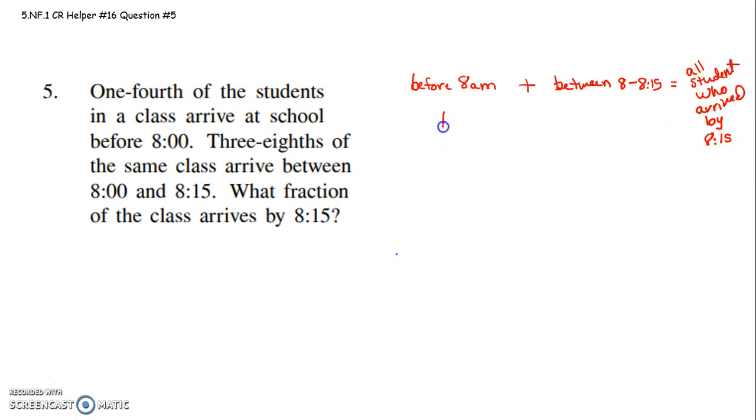8:15. So it says 1/4 of the class arrived before 8 a.m., 3/8 of the same class arrived between 8 and 8:15. Then it says what fraction of the class had arrived by 8:15. We'll just add those together.